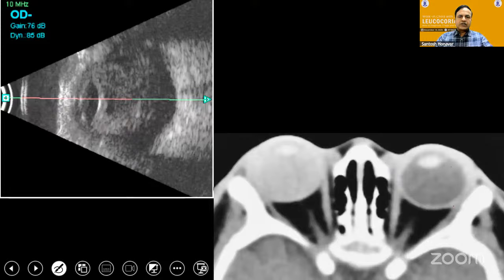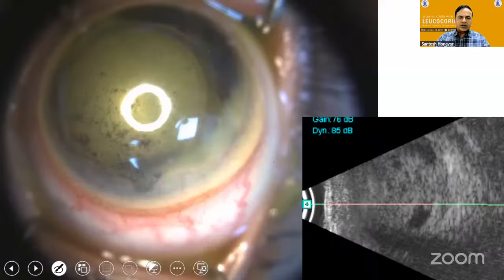And on CT scan, all you find is diffuse haze in the vitreous cavity. It is uniformly isodense, or there might be heterogeneous density, but what CT scan is done for is to look for chunky calcification, which may suggest retinoblastoma, but if it is uniformly white like this, it's most likely Coats disease.